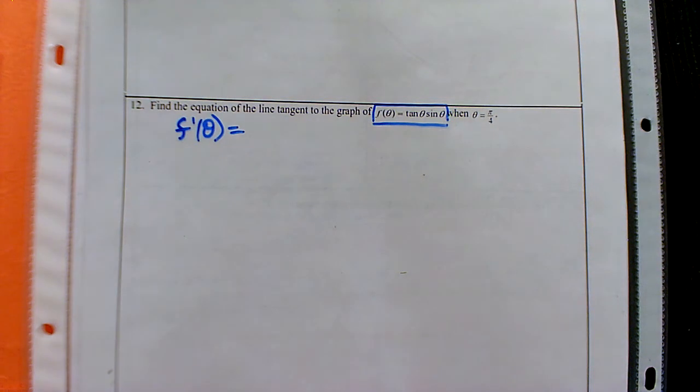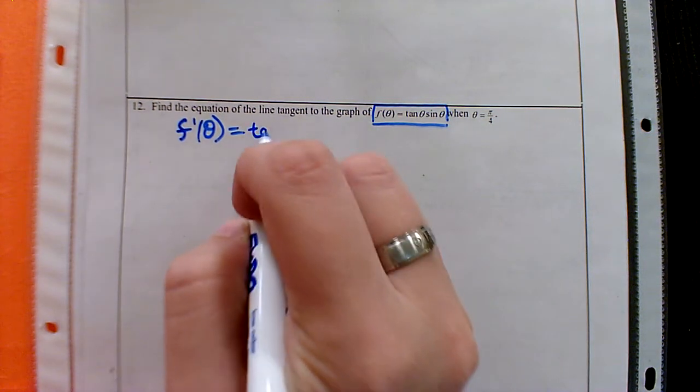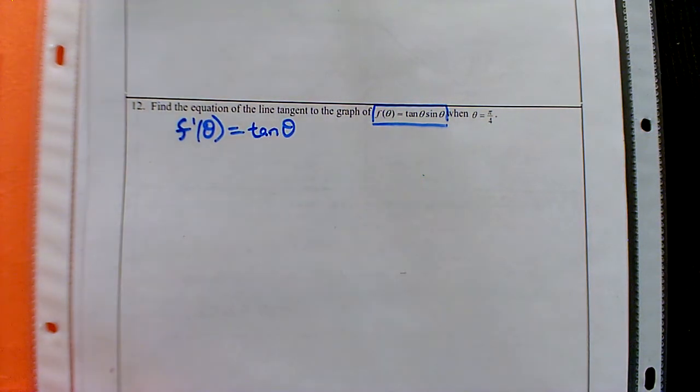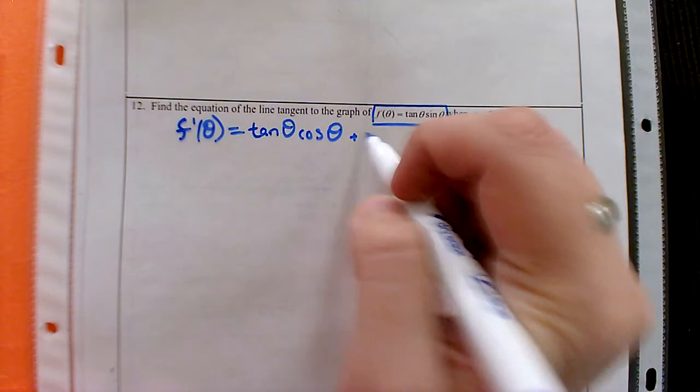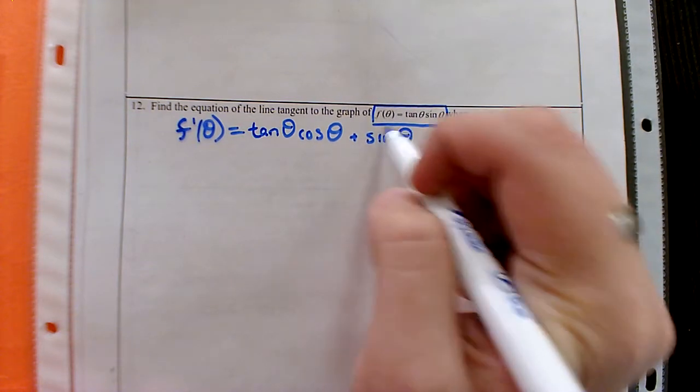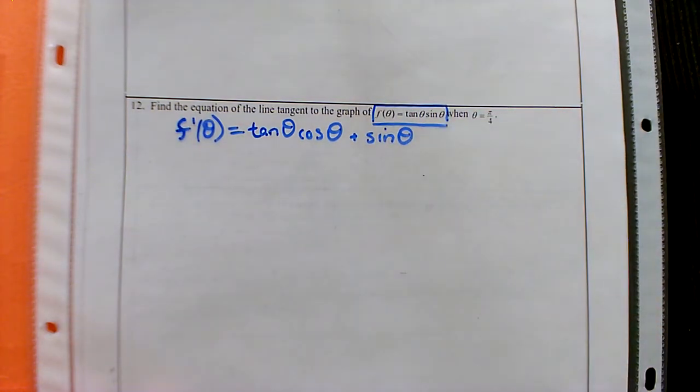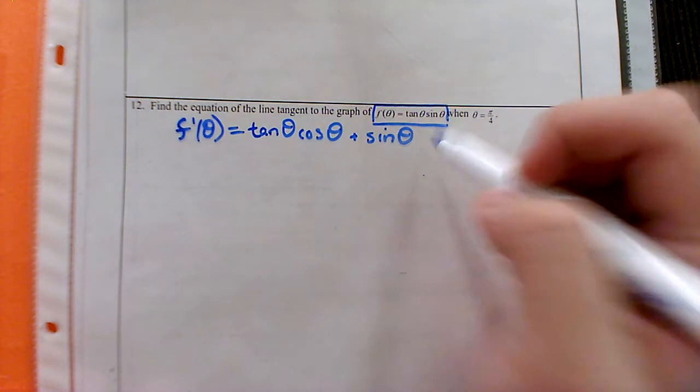What do you want to try? Product rule: 1d2 plus 2d1. All right, so 1, and then we need d2, the derivative of sine. That would be cosine. Then we add 2, and then d1, the derivative of tangent, one of our newer ones: secant squared, good.